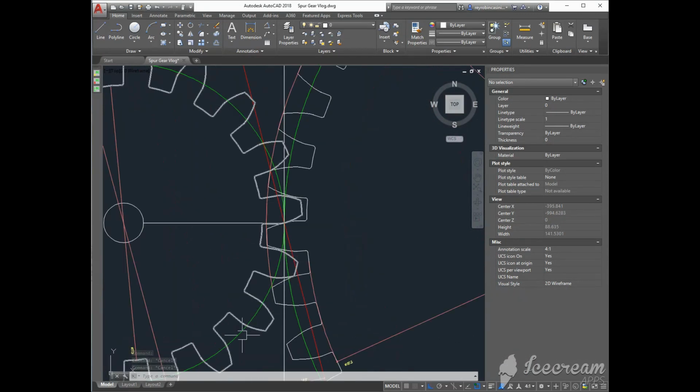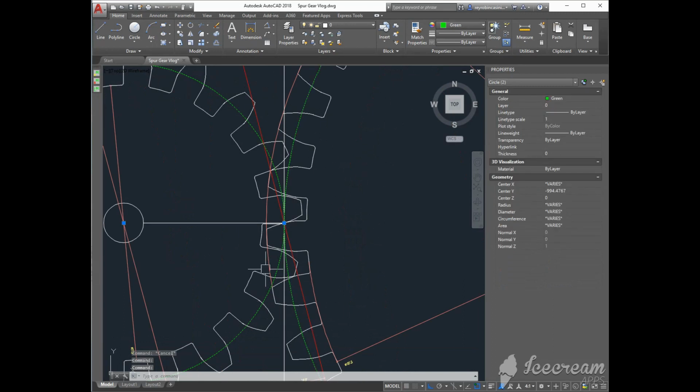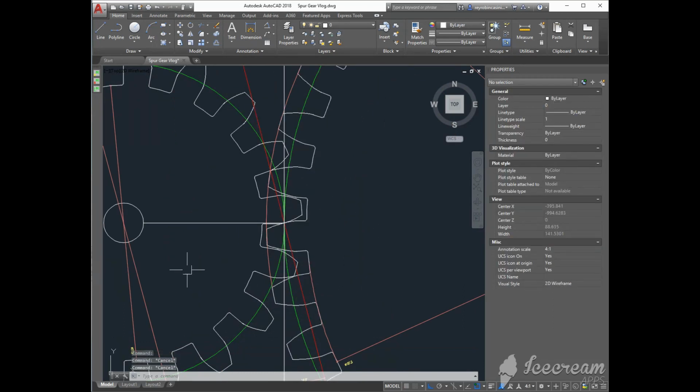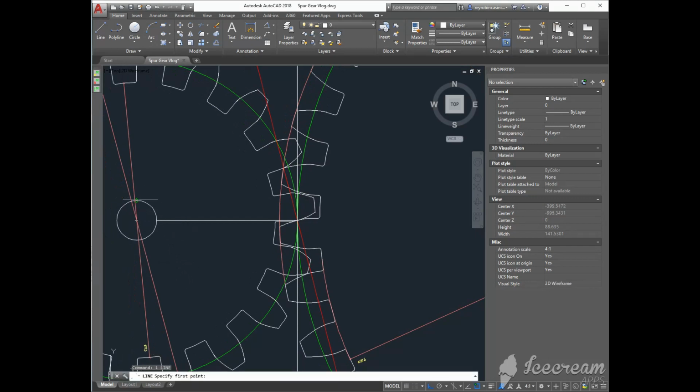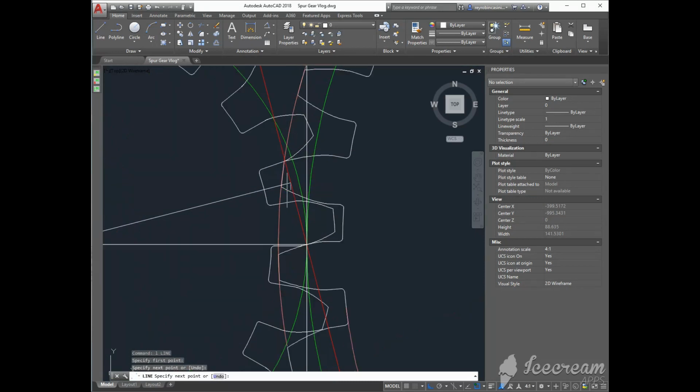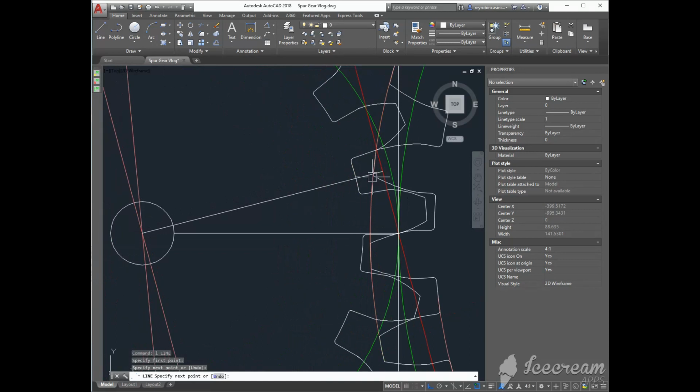So if the green circles are the pitch circles of the spur gears, and the red line is the line of action, the radius of the base circle will be the line from the center of the gear perpendicular to the line of action.